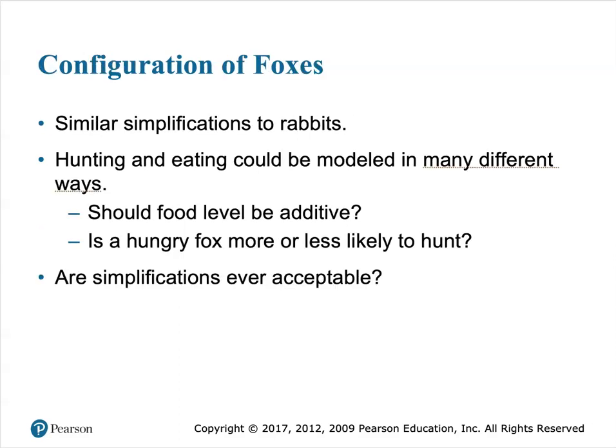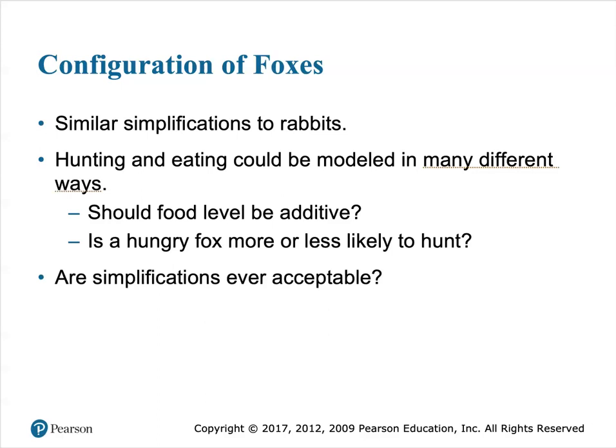Looking at foxes, there are similar simplifications. If a fox gets to a certain age, it will expire at that age. All foxes are female, so all foxes could effectively breed. And if the random number generator returns results, they can breed on subsequent steps. So, we have those simplifications.